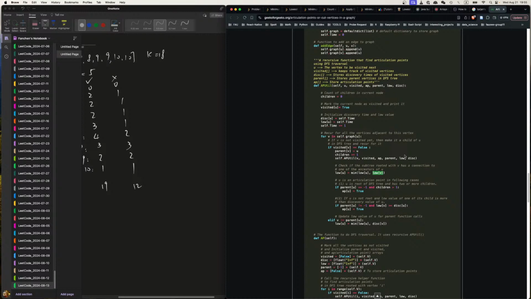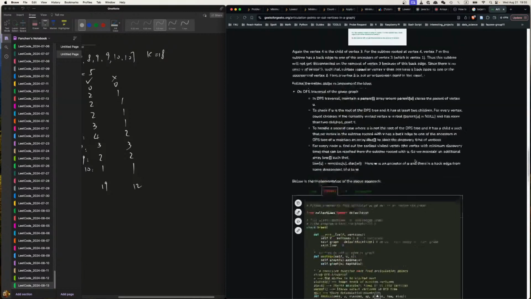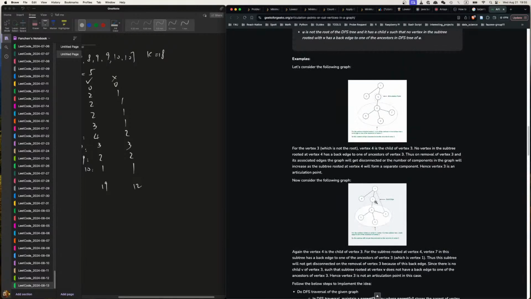Yeah, that's what I don't understand. What if I start from 3? Because I can definitely start from 3. Or like, this is 0, I start from here, and it doesn't have any parent.